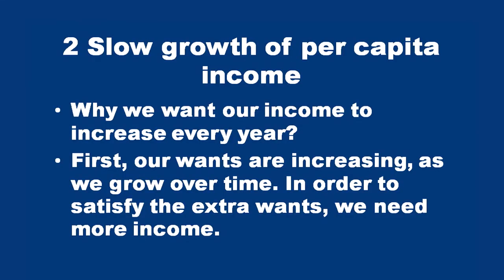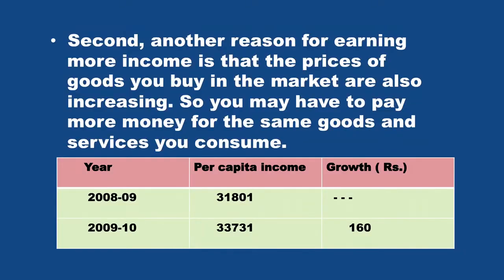Now, why do we want our income to increase every year? First of all, our wants are increasing as we grow over time. In order to satisfy the extra wants, we need more income. Secondly, another reason for earning more income is that the prices of goods that we buy in the market are also increasing.